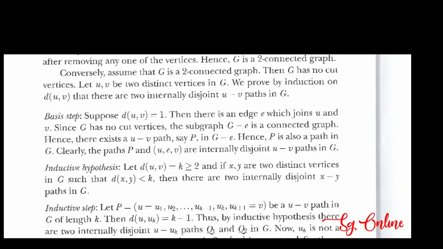And if G minus E is a connected graph, then you always get a path between u and v which avoids e.